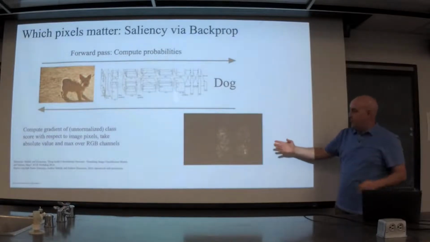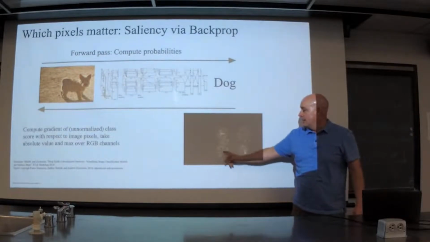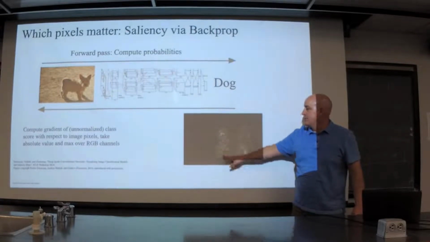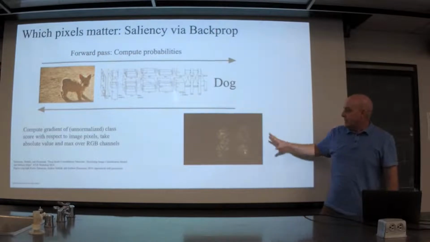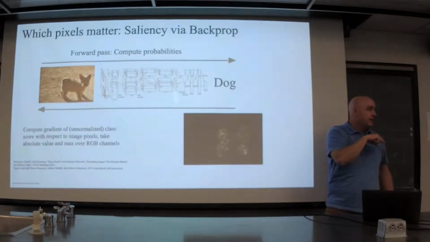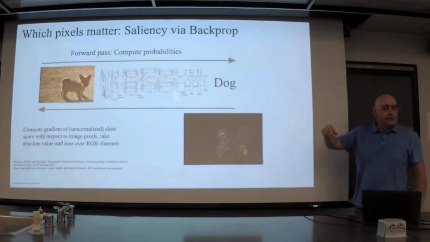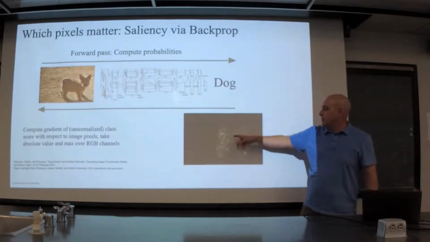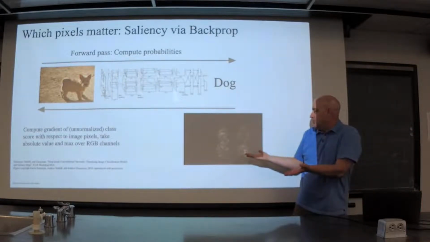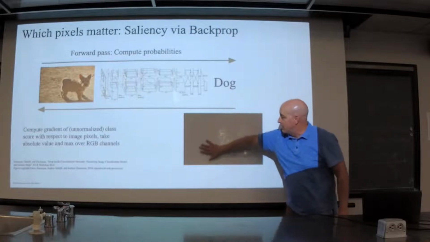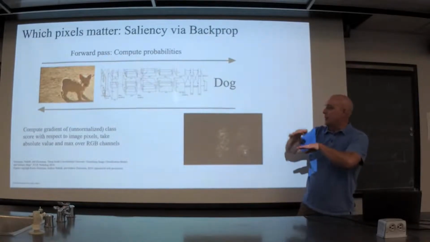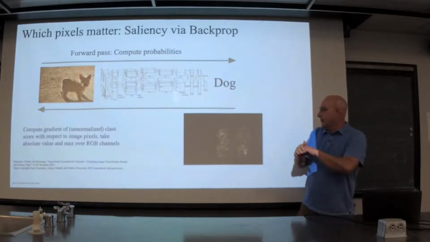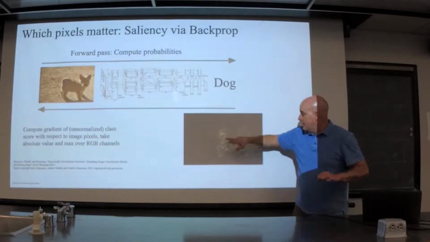And so if we visualize the magnitudes of those gradients at each of the pixels, what we get is something kind of like what we just saw in the occlusion study, where the black background is going to be 0, and things that are lighter are going to be larger and larger gradients.